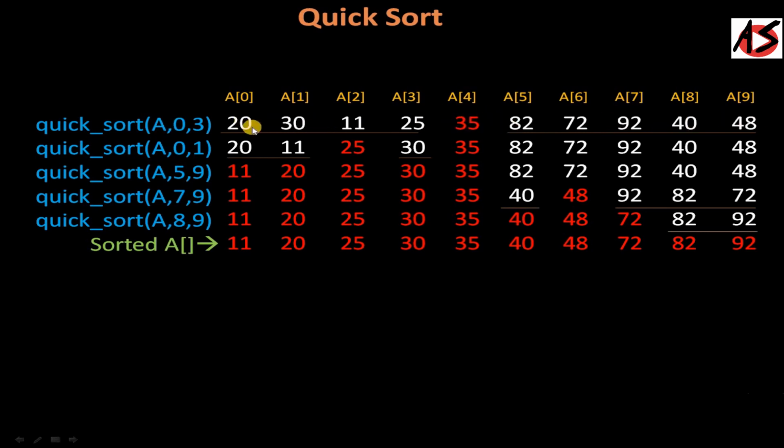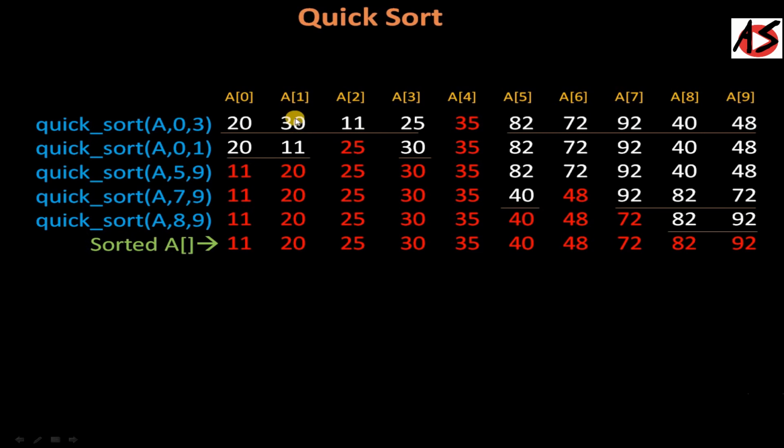So we are calling quicksort for low to p minus 1, and we are taking again 25 as a pivot. We are taking j on 20, 20 is smaller than 25. We are moving ahead. Then we take 30. 30 is bigger than 25. 11, 11 is smaller than 25.